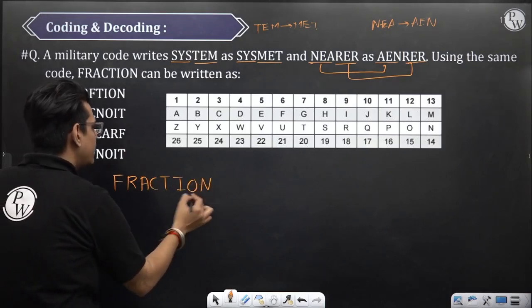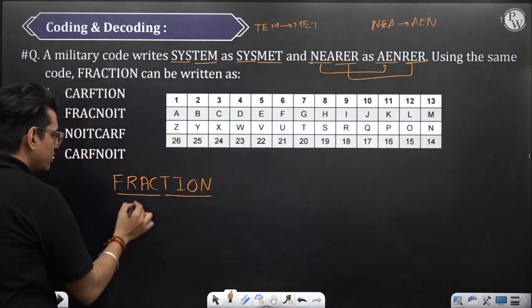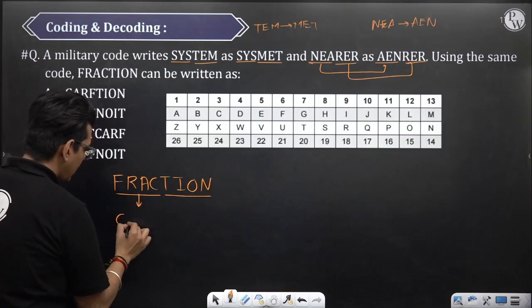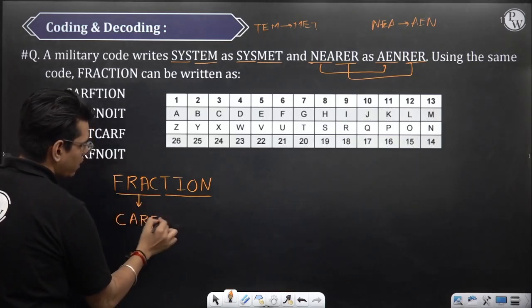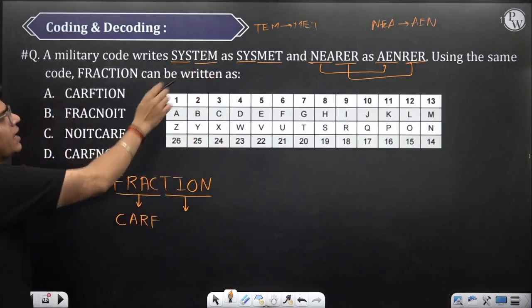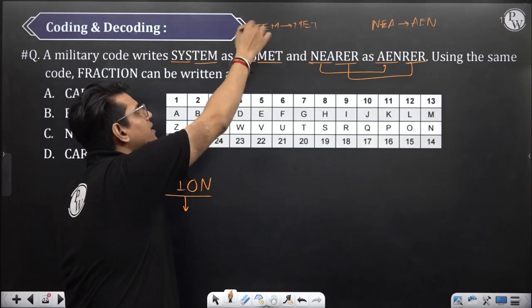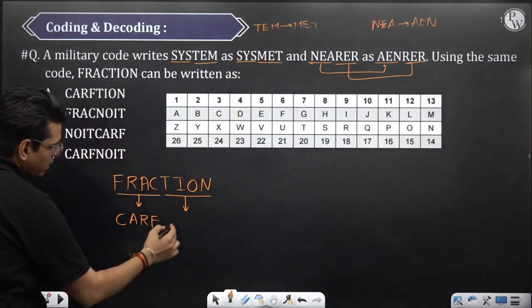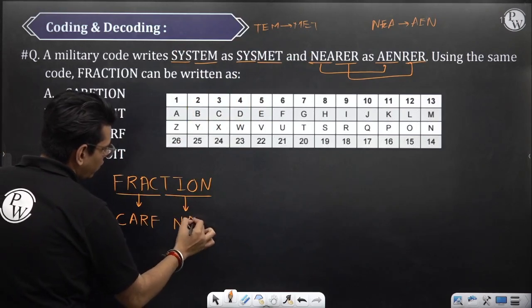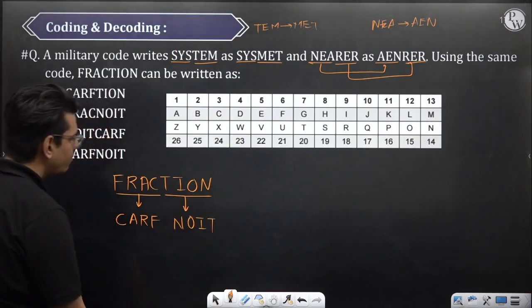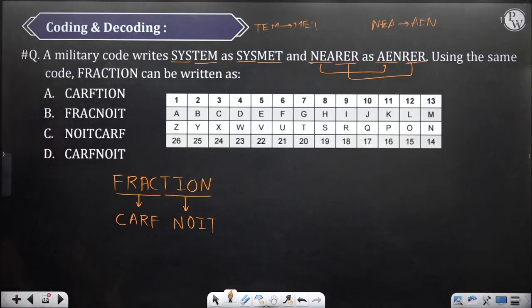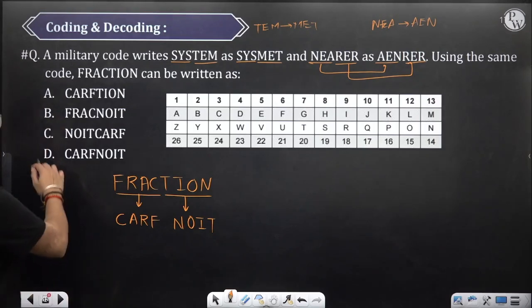Let's first divide this number into two parts, right? This will become CARF, following the same pattern, right? The last alphabet comes first and the first last, right? That's the order change. Here it will become NOIT. So see if there is an option for this. CARF NOIT, right? So this is our answer.